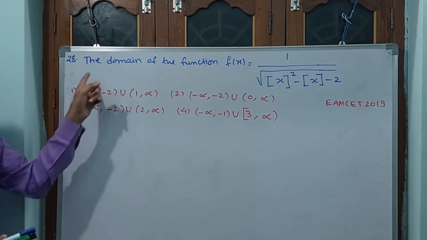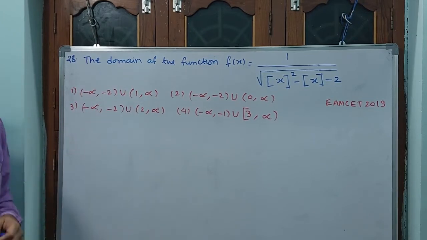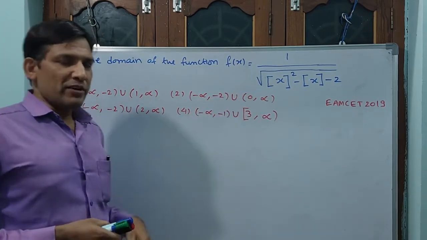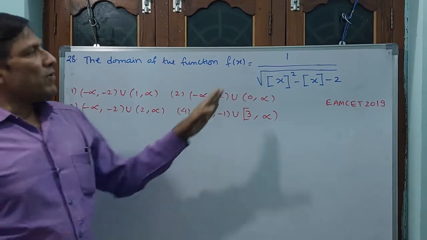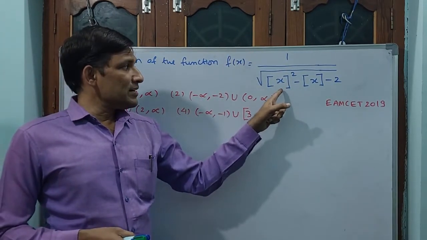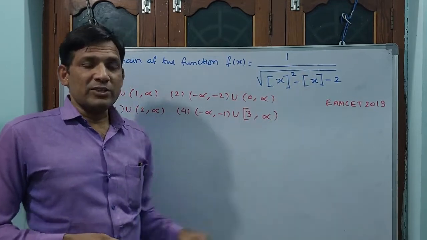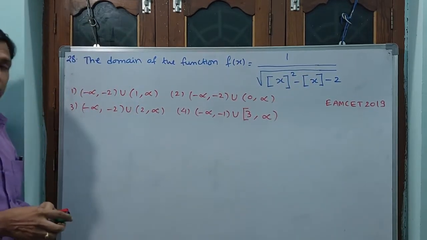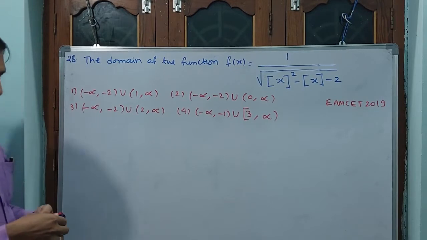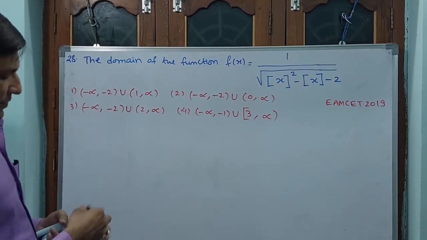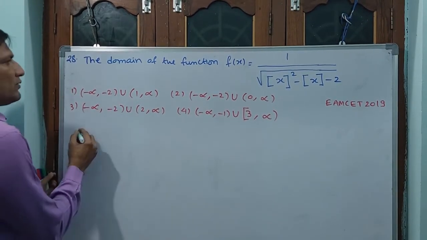See, domain means function should be defined, that's all. Function to define means, all except one, remaining all in denominator. Denominator should not become 0. See what I am writing now, that is very important.